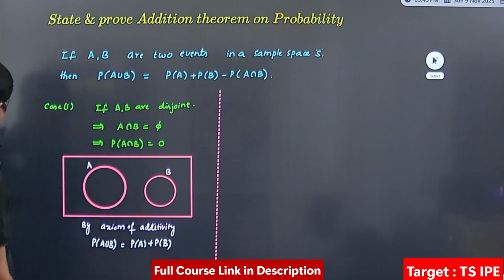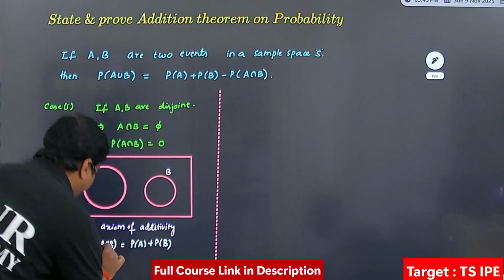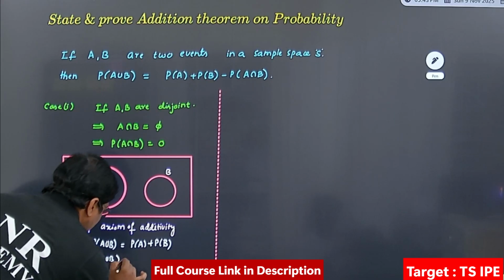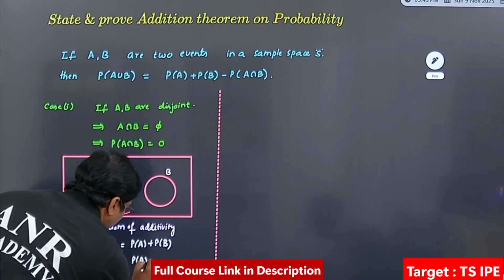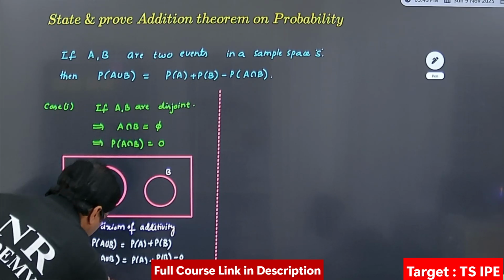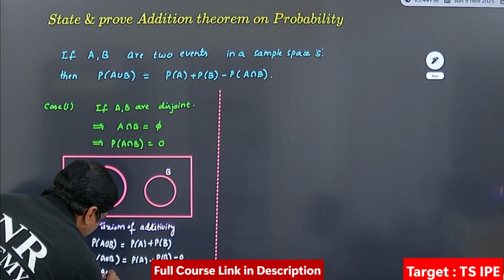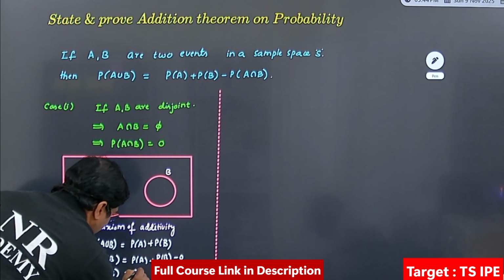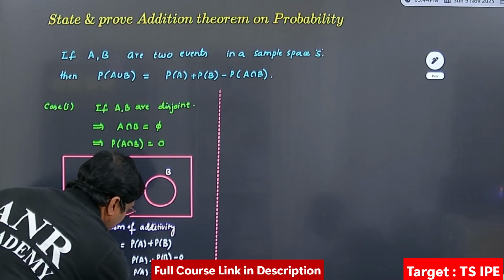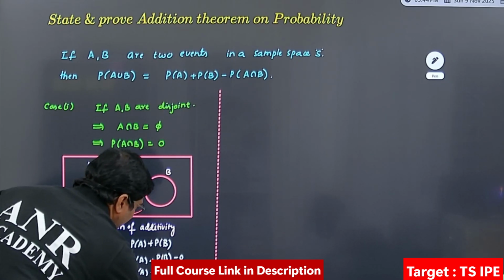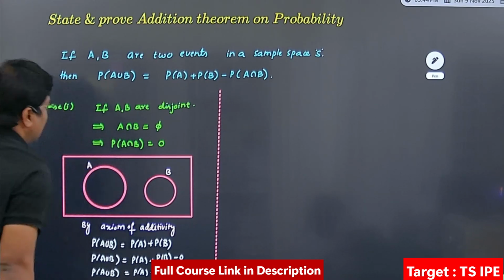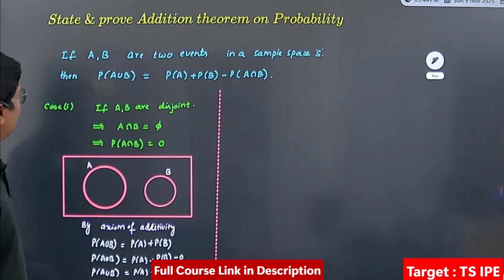Yes, in the next step I can write P of A union B as P of A plus P of B minus 0, that is P of A union B equal to P of A plus P of B minus P of A intersection B you can write. This is obvious. This is the first case, right?